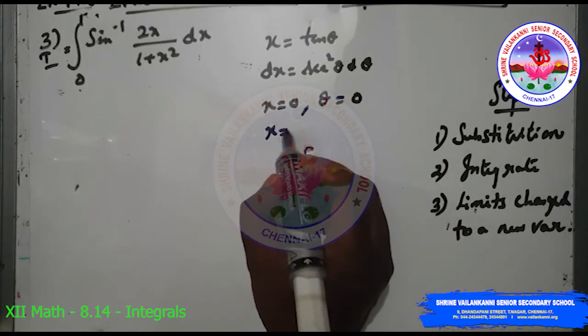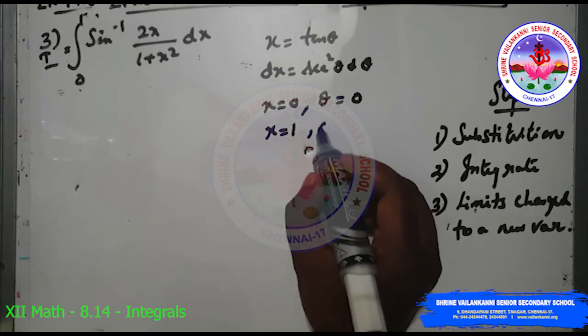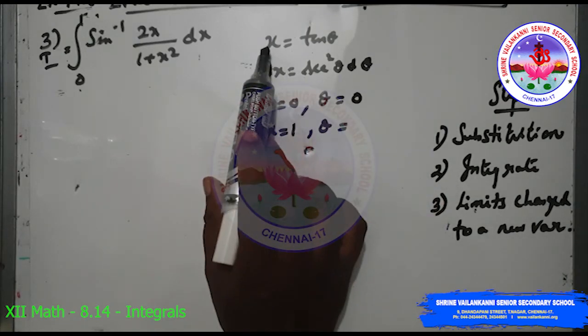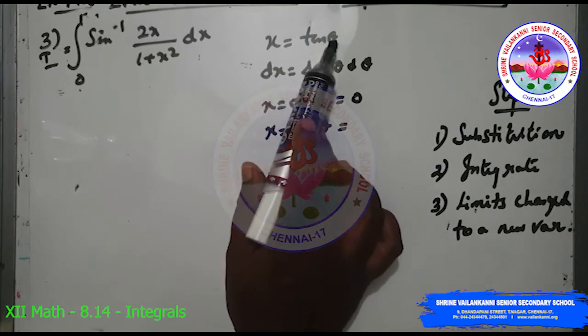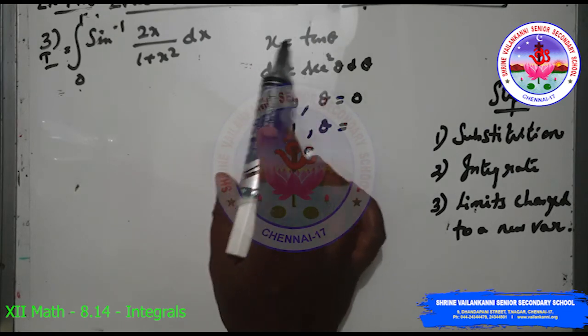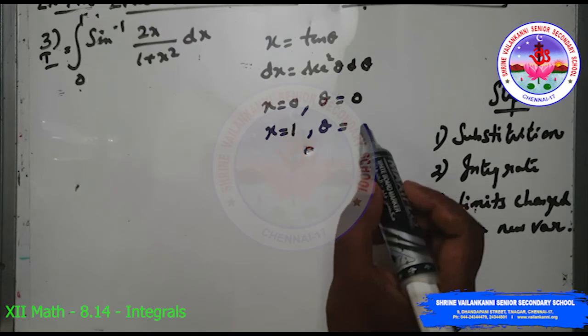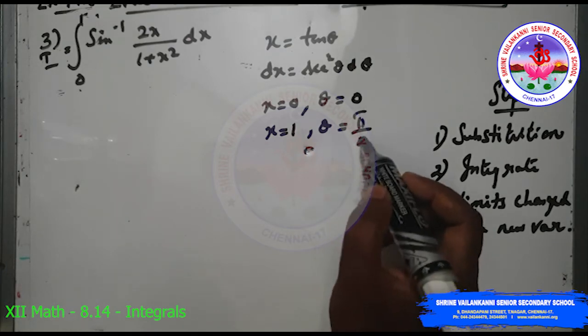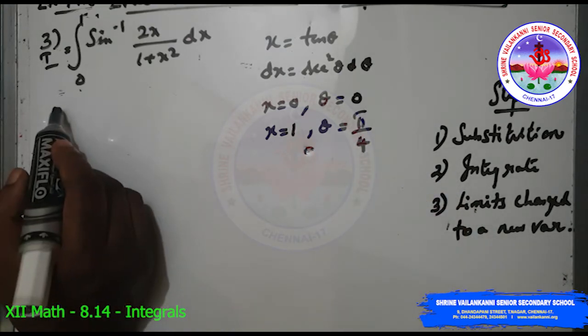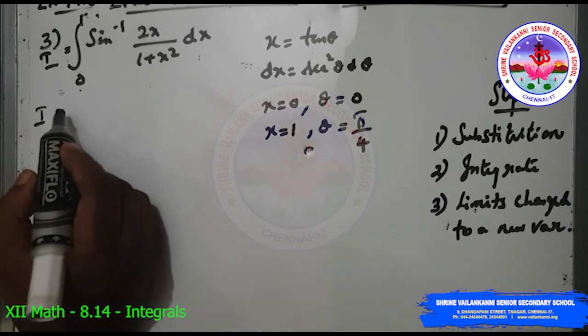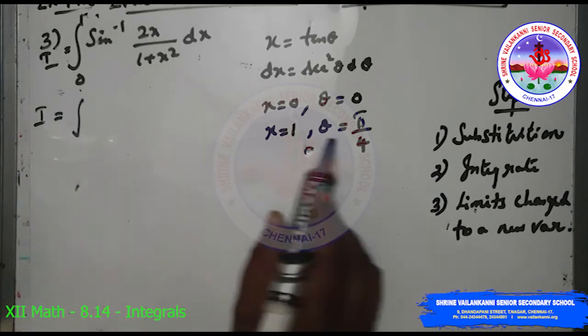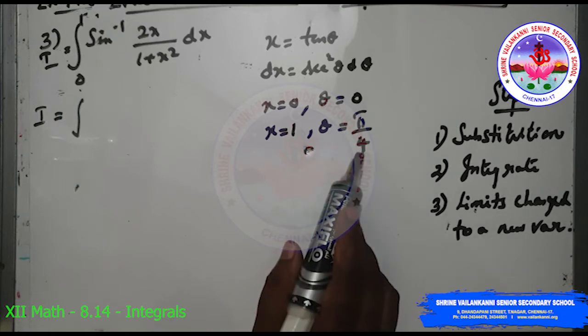Then when x is 1, tan theta equal to 1, so theta equal to tan inverse of 1, which is pi by 4. So the limits change to 0 to pi by 4.